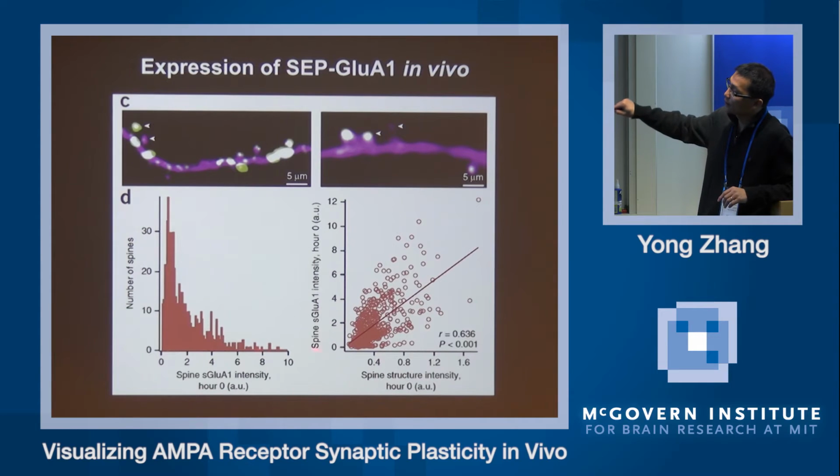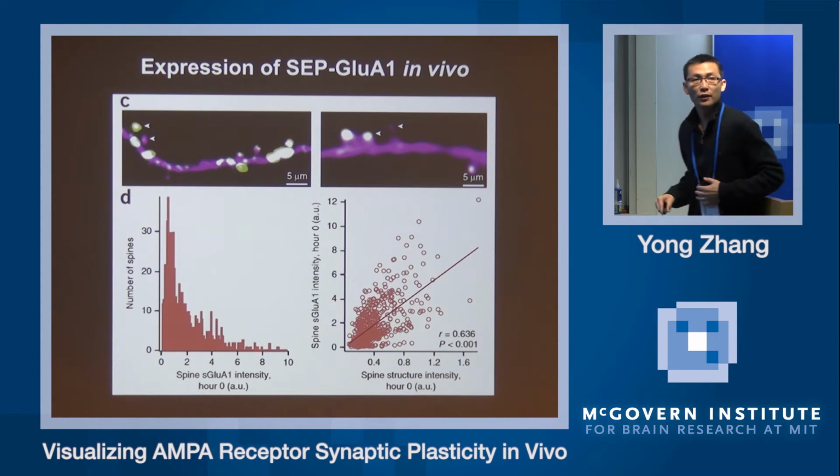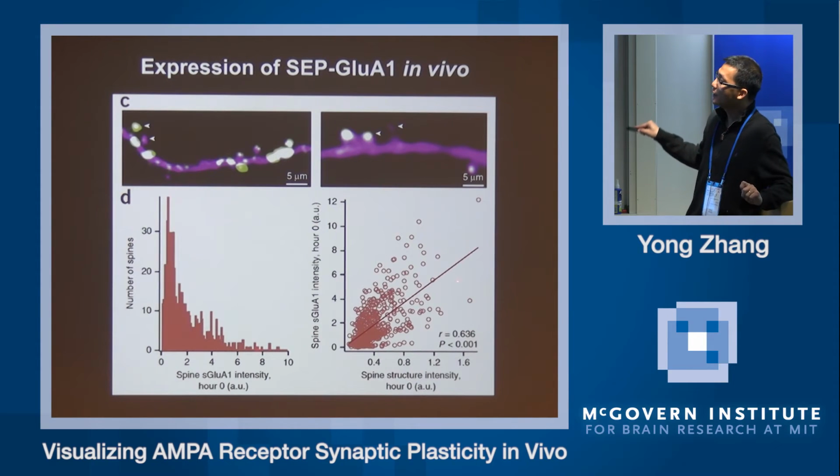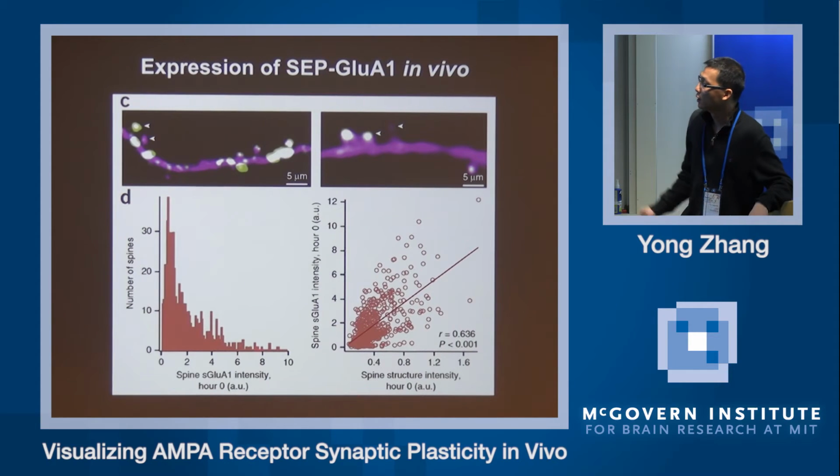So if we look at the whole spine population, we find that there is a wide distribution in terms of the spine surface AMPA receptors, as shown here. And also, interestingly, we find that under basal conditions, there is a very good correlation between the spine size, or the proxy of spine size, spine structure intensity, and the spine surface glutamate intensity.